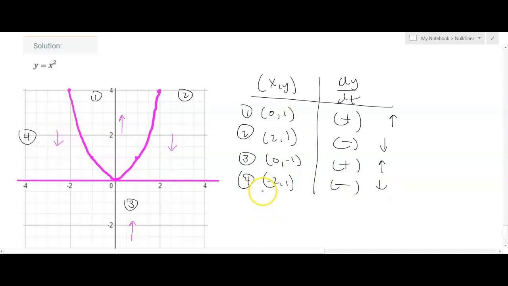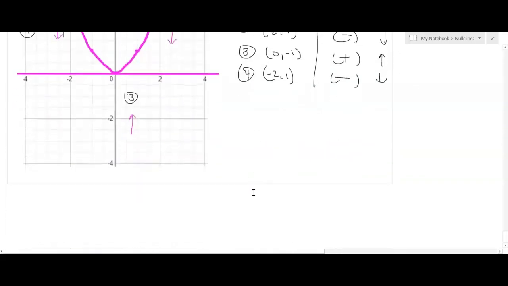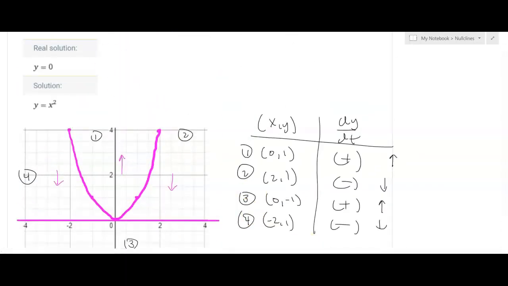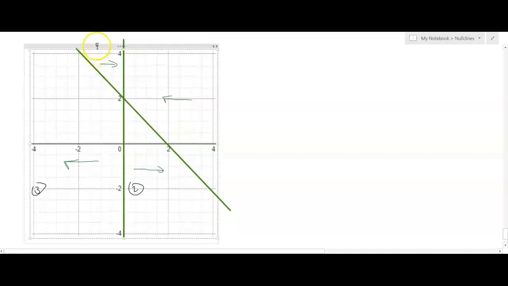Now I'm going to put these two things together and draw all the x and y nullclines together on the same graph. So let me go ahead and do that below. Here we have just a copy of that x nullcline graph. It helps to superimpose your work on one that you've already drawn.